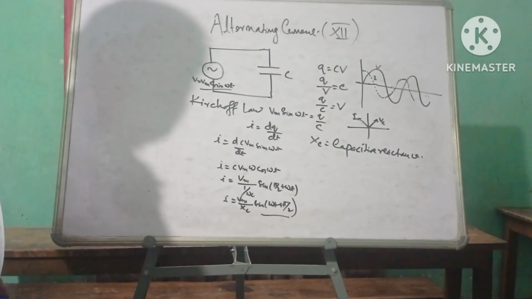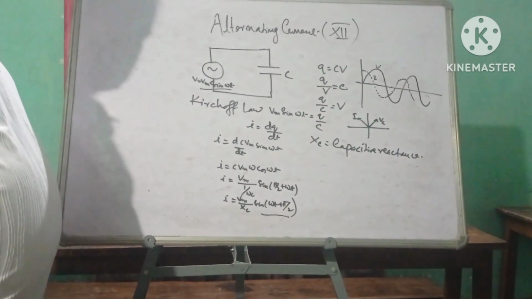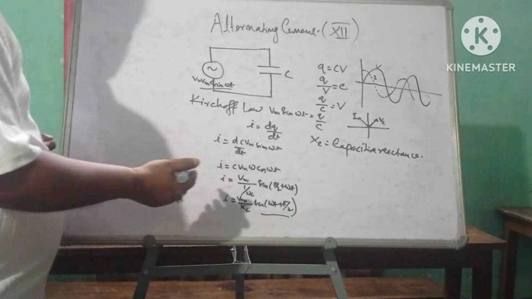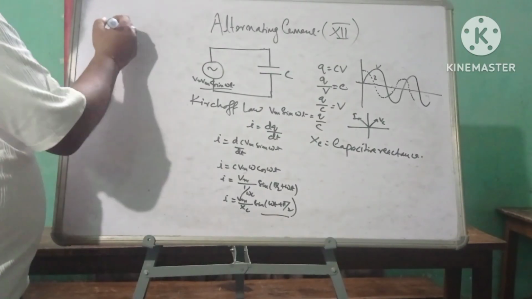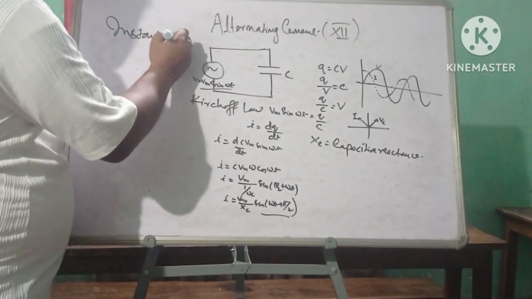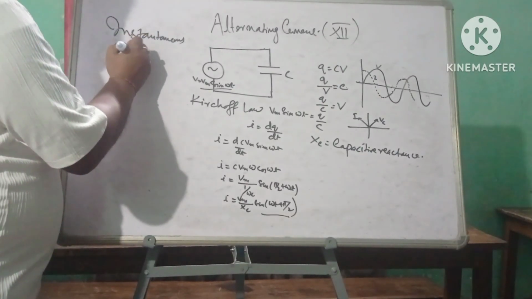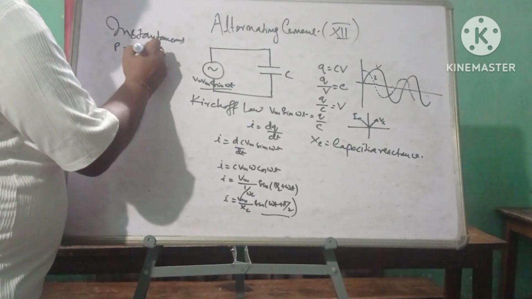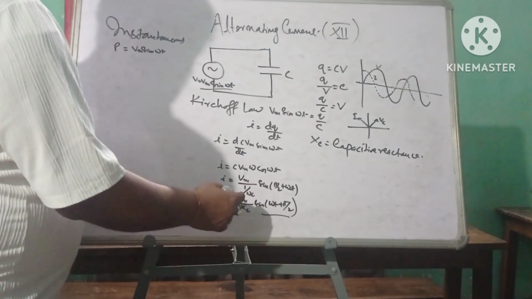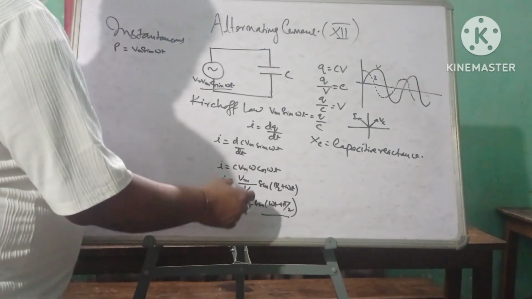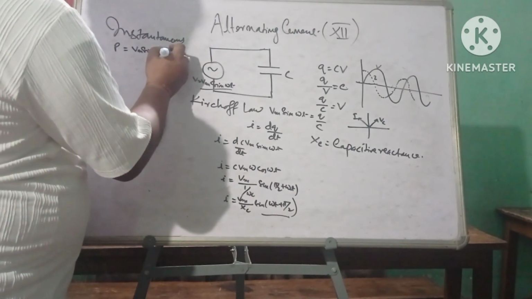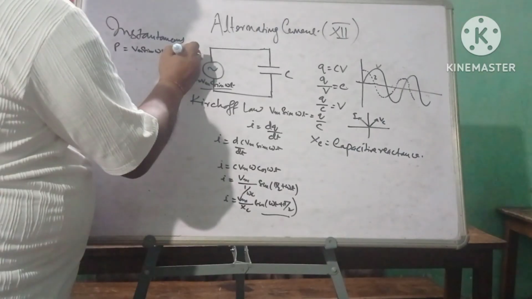So now here again, because current and your potential is fluctuating, we will go for instantaneous power, and here you are going to get Vm sine omega t, and here I is equal to C Vm cos omega t.